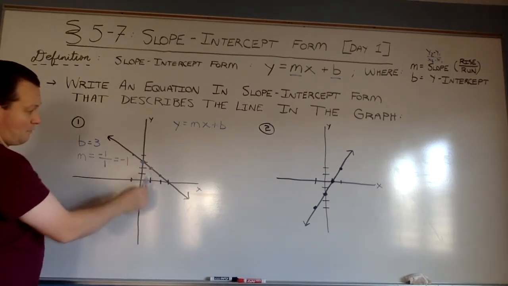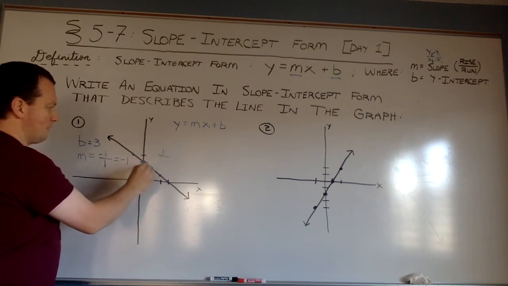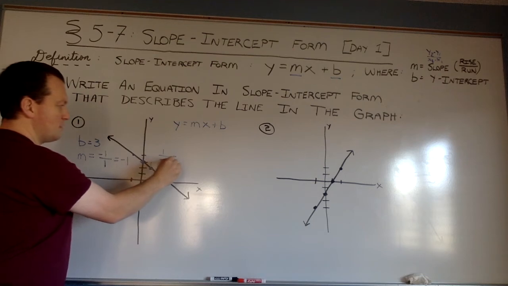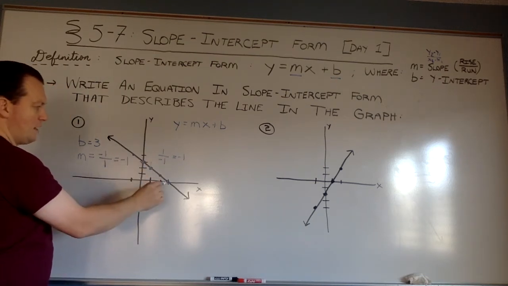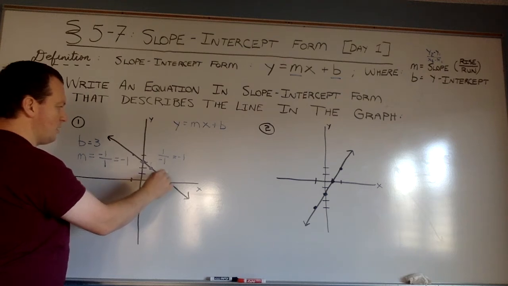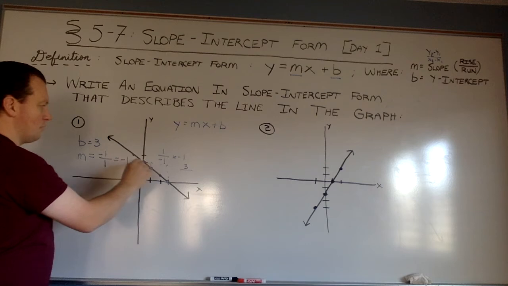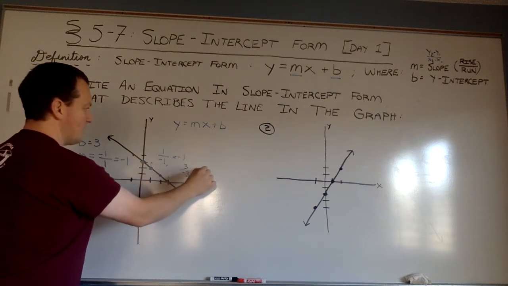You could also go from right to left. You could go up 1, 1 to the left. 1 over negative 1 is also negative 1. Or you could go from the x-intercept to the y-intercept. You could go up 1, up 2, up 3, and go 1, 2, 3 to the left. 3 over negative 3 is also negative 1.